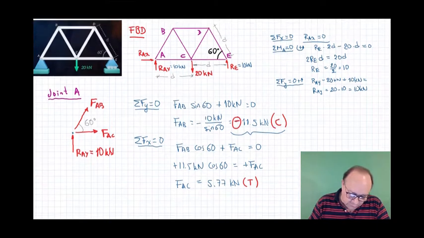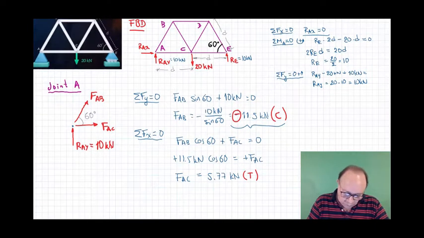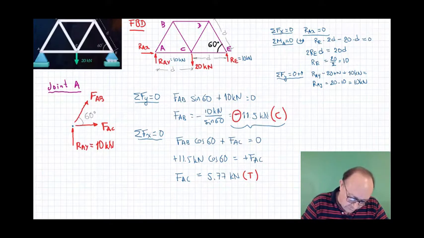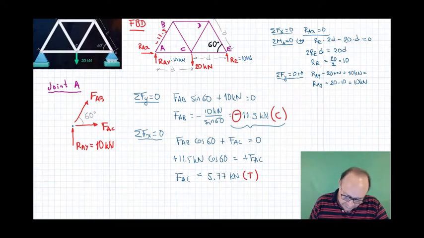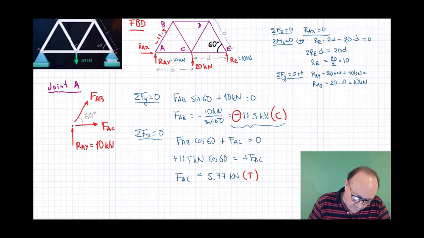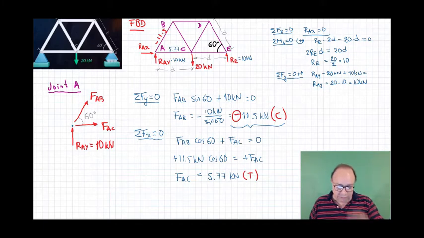So we could put those results here on the big diagram. AB compression, minus 11.5, and AC tension, 5.77 tension. Let's put it in blue.